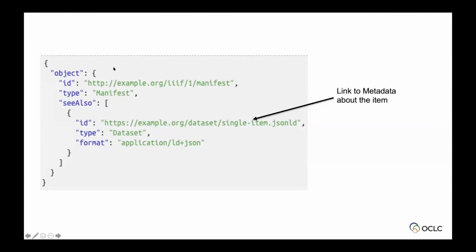So basically this object JSON block can be seen as cached information associated with the manifest that eases the burden of the crawler from having to resolve a whole bunch of different URLs just to get to what it probably cares most about, which is the metadata associated with the item, the object here, the manifest.